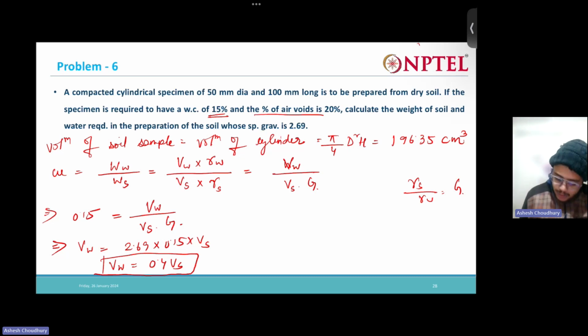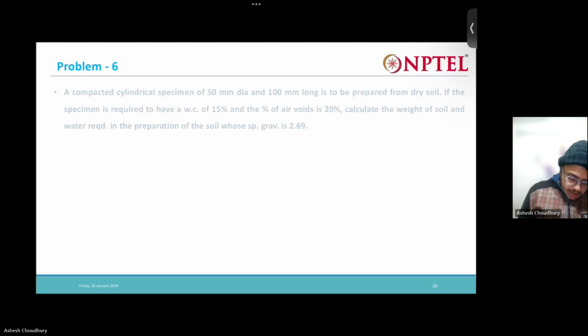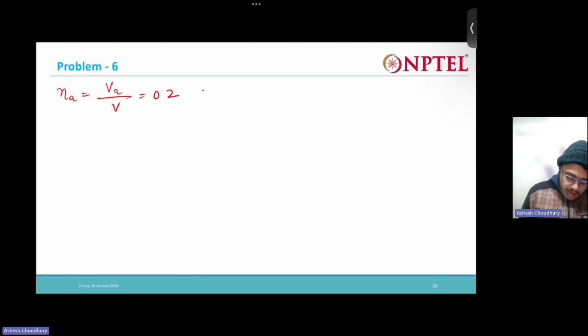Two quantities are given, so we can get two equations. One given quantity is water content; from there we got one relation. The second given quantity is the percentage air voids; from there we can get one more relation. So this is nothing but 0.2, and we can have the volume of air as 0.2 of the total volume.